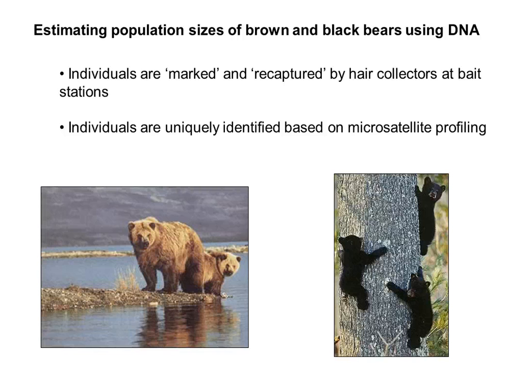Brown and black bears are monitored, or populations tracked, using DNA. Bears are known to rub up against tree bark, and so hairs are left there in the tree bark. Wildlife biologists go out and collect the hair that's caught in the tree bark and then go through DNA analysis to identify individuals.